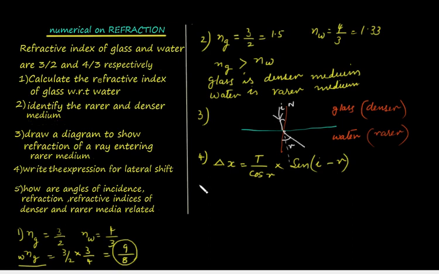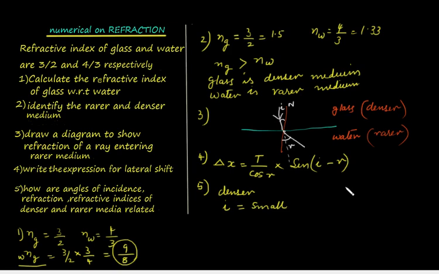What does section 5 ask? We have to find the relation between angle of incidence, angle of refraction, refractive indices of denser and rarer medium. Let us take the example of the diagram that we drew for the sake of answering the third question. Here you find that in the denser medium, the angle of incidence is small.